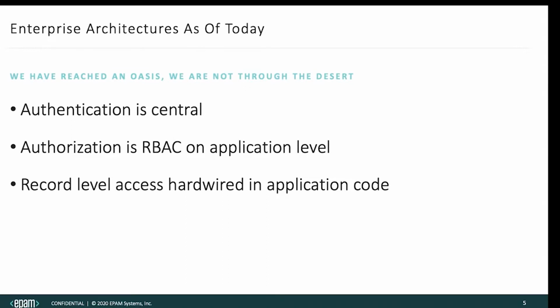And these things are hardwired into the application. So the application has to know this arrangement between the people, and also has to know the arrangement between the records and the group.